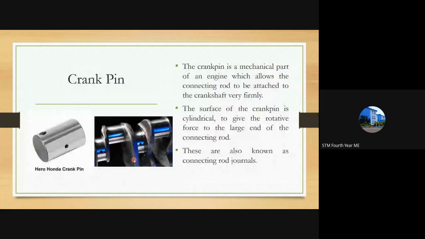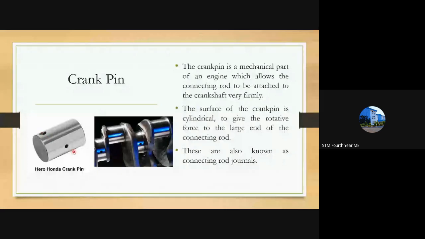Another part is the crank pin. So what was the crank pin? The crank pin is the place where the piston's connecting rod big end is connected. So we can see here these portions are the crank pins, the others are the main journals, and at the crank pin you can see the hole is provided in a slanting motion.